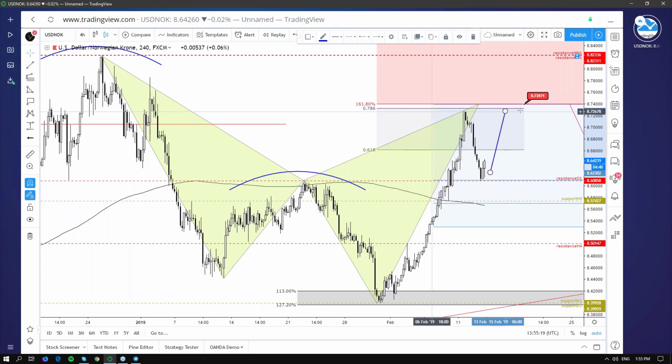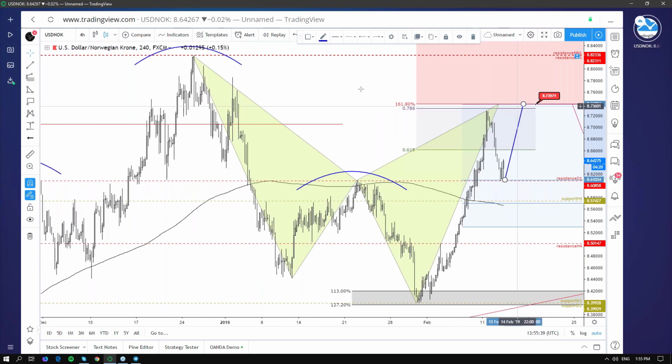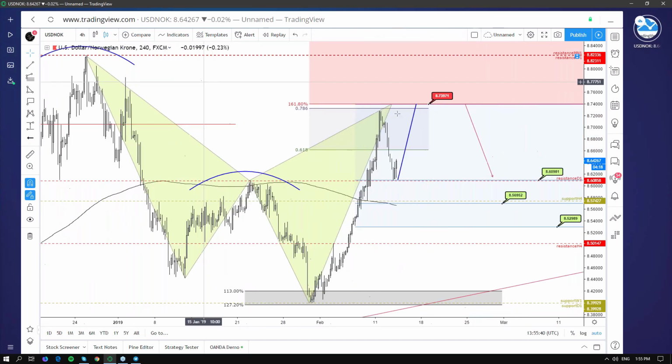Breaking that level will increase the probability to trade higher. The formation of the pattern is still a possibility. We need to observe the market conditions once the price approaches those levels. If the market offers some bearish divergence, it can print another relief before trading higher.